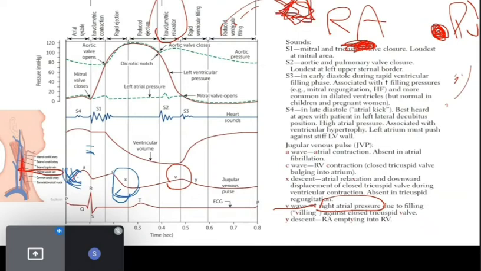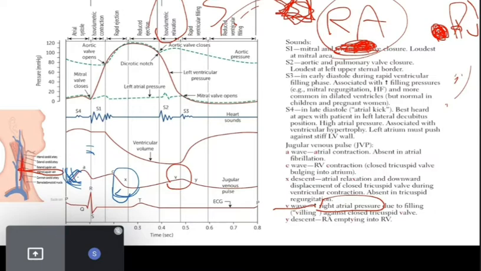How do we fill the right atrium? By the superior and inferior vena cava, of course. So now the superior and inferior vena cava fill the right atrium with blood, and all the valves are closed. The pulmonary, the mitral, the aortic, and the tricuspid, all the valves are closed in the isovolumetric relaxation.